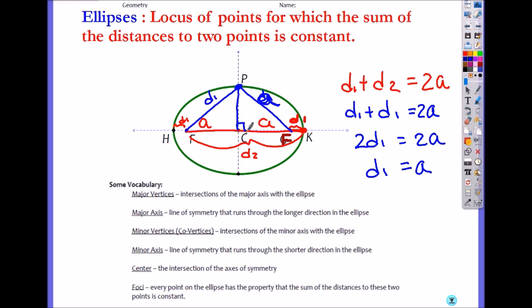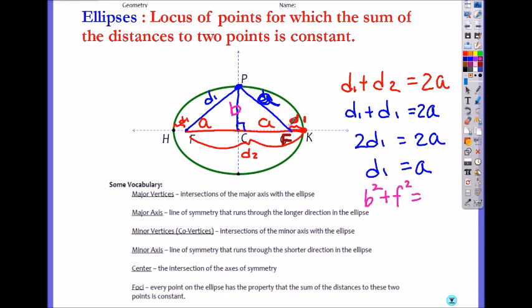So then if I were to use the Pythagorean theorem, what was this called? The distance between the center and the minor axis? B, right? This was B, B, A, A. So then using the Pythagorean theorem, isn't it B squared plus this, we call it F, the distance from the center to the focus, F squared equals what?